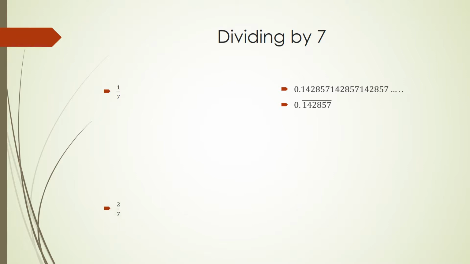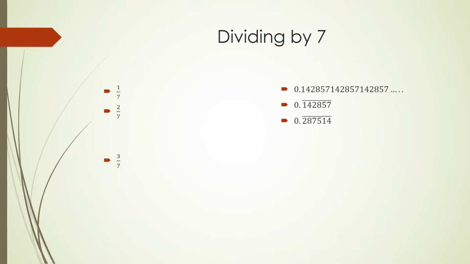Now let's divide 2 by 7. Okay, again, you're going to get a repeating decimal. This time it starts at the 2, 285714. It's the same pattern though. If you look at the 2 here, 285714, and then it repeats, it's basically the same sequence, but it has a different starting point.